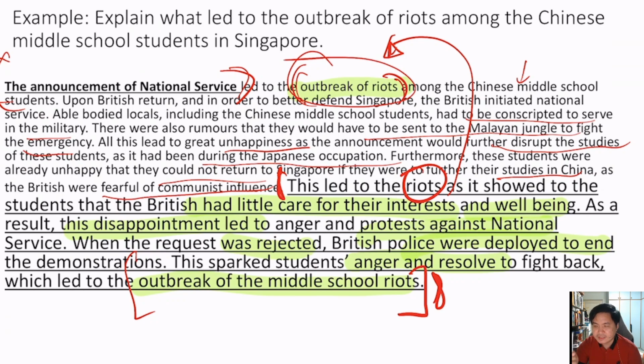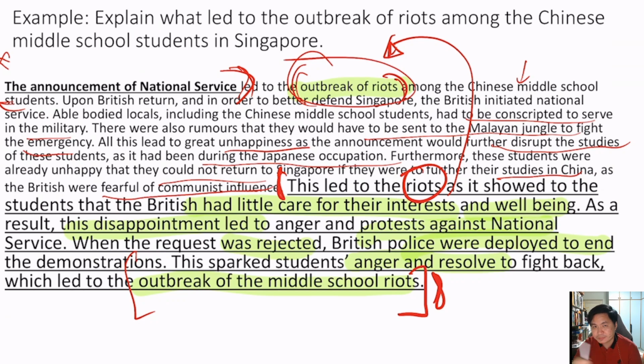The technique is you have to think about what is going to be your anchor point first, in this case the announcement of national service, and then which facts you're going to use that you have memorized. In this case, you're going to use the Chinese middle school students, NS, why they're angry, why they cannot study overseas, and what they thought about NS.